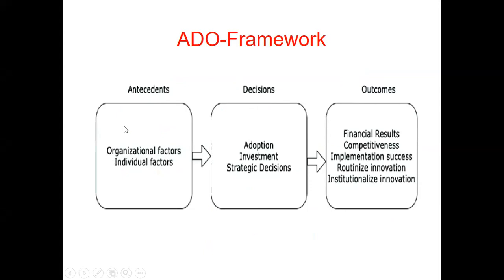Which means you start with the organizational factors, for example, in each of the articles that you are perusing. You also look at individual factors. You look at decisions, for example, adoption, investment, strategic decisions, etc. And then you look at outcomes in those articles, for example, financial results, competitiveness, implementation success, organization of innovation, or institutionalization of innovation, etc. These are outcomes.